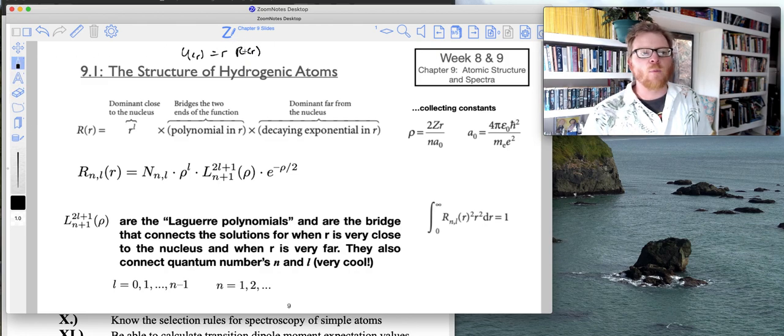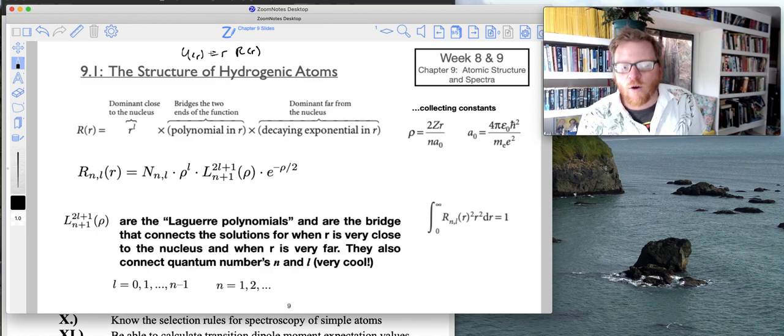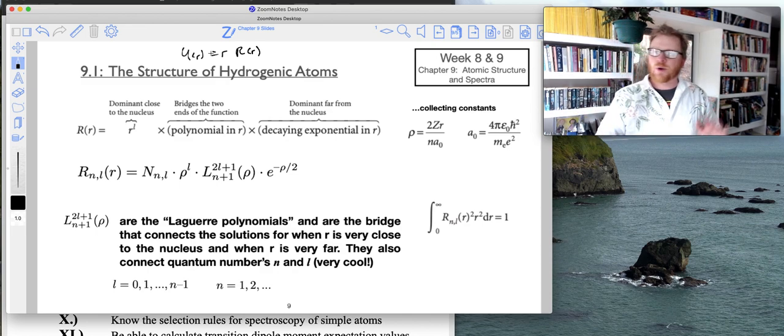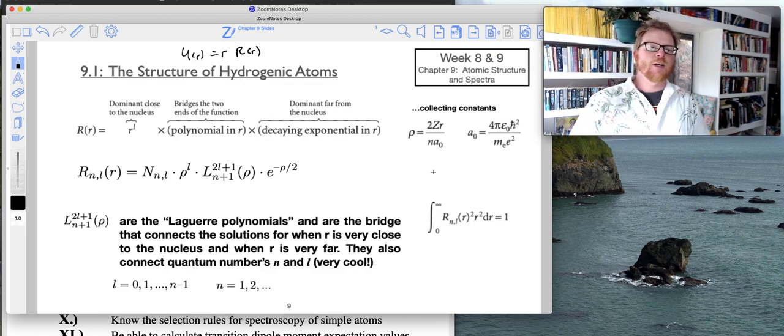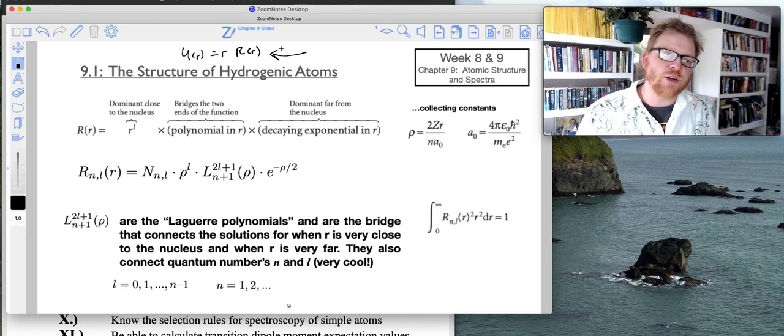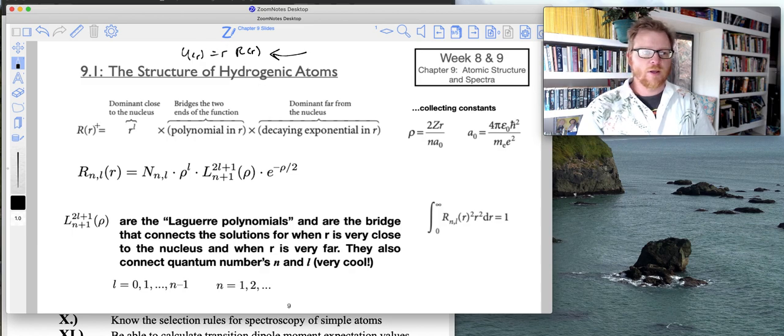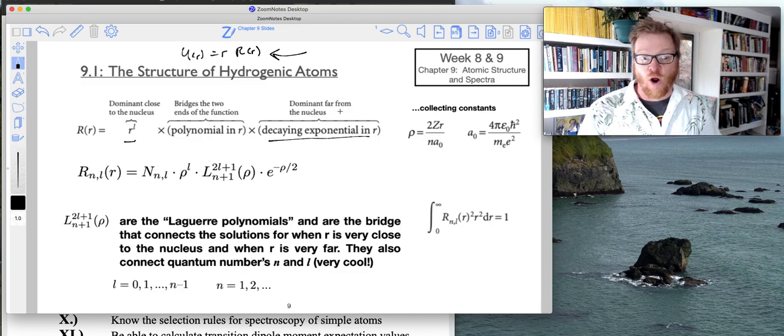We're not going to actually solve this thing ourselves; I'm showing you the approximate way to solve this. So when we get back to our radial wave function R, we have this r raised to the L power, dominant when the electron is close to the nucleus. We have this decaying exponential in r, dominant when the electron is far from the nucleus.